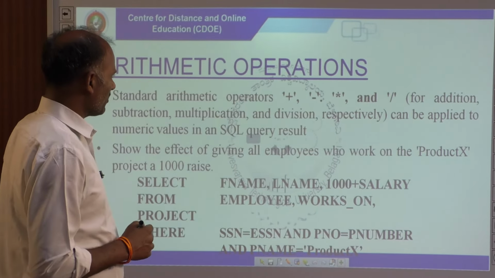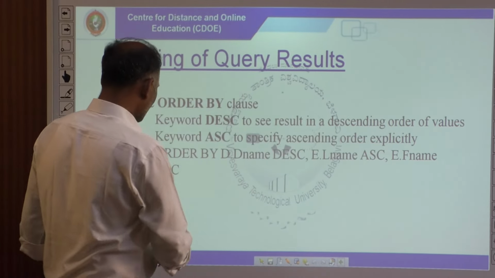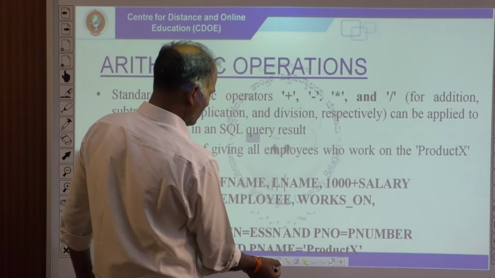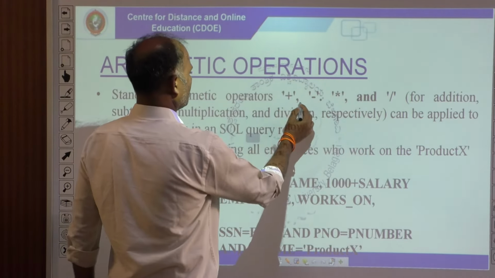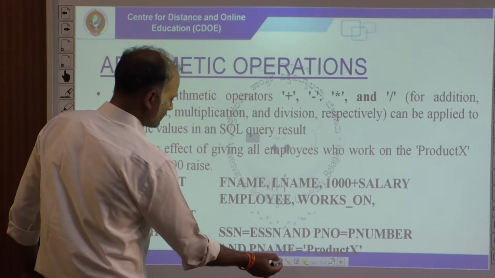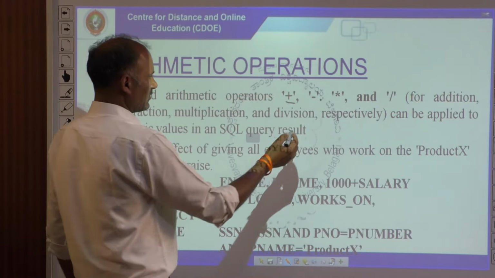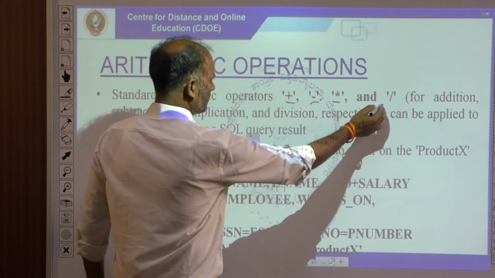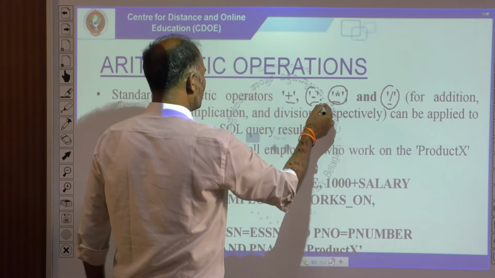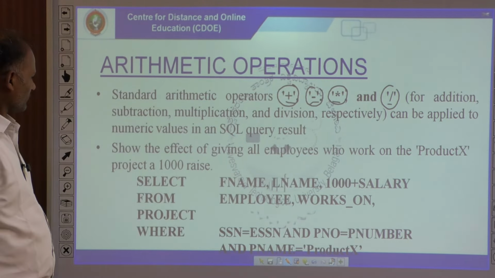The different arithmetic operations that we can perform are addition, subtraction, multiplication and division. These are the operators that you are going to use to perform arithmetic operations in SQL.